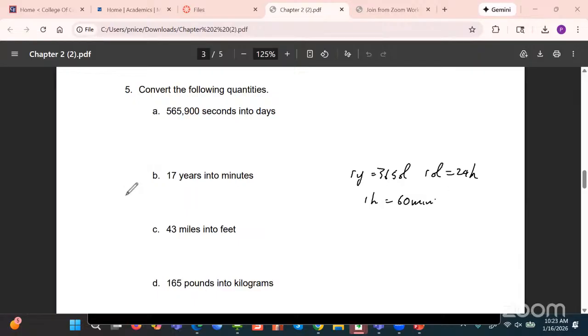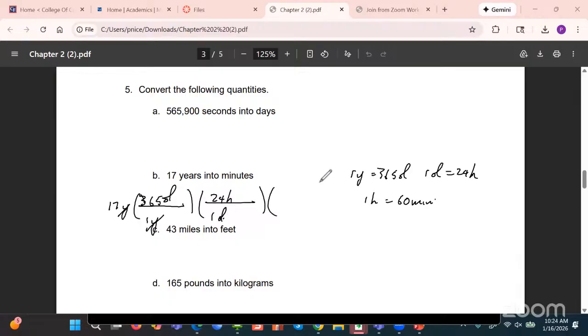All right, so we're going to start off with the 17 years, and we're going to multiply that by what? The first conversion factor. 365 days over 1 year. Okay, so that the year unit cancels out, right? Then the next conversion factor is what? 24 hours above, and what goes down here as a denominator? 1 day.